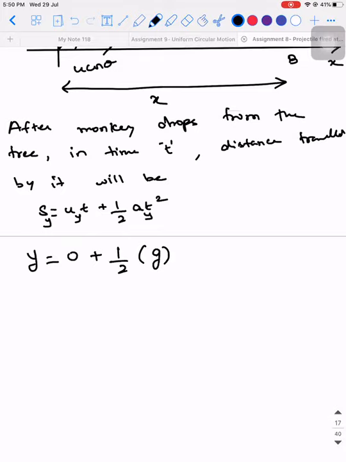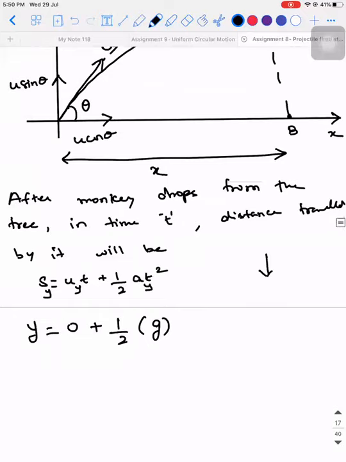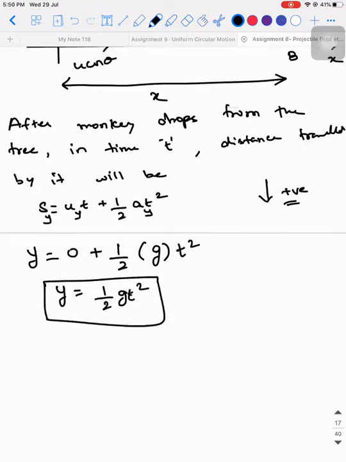Had I taken it as negative, then y should also be taken as negative because y is in the downward direction. Are you guys able to understand? No confusion in sign convention, right? So I've taken downward direction to be positive. So y is equal to half gt square. So the distance traveled by the monkey in time t is half gt square. Let this be equation number 1.